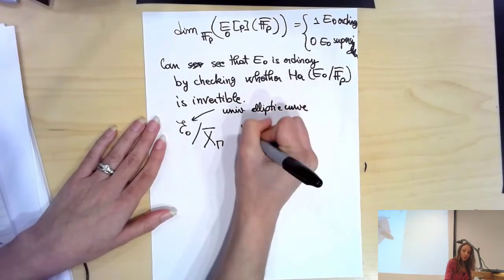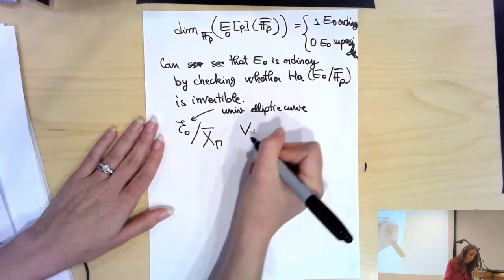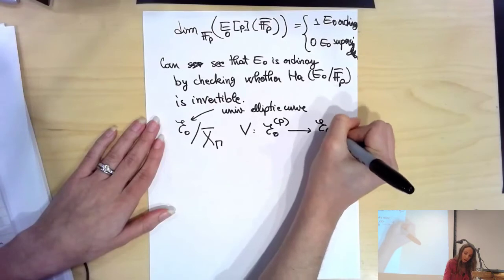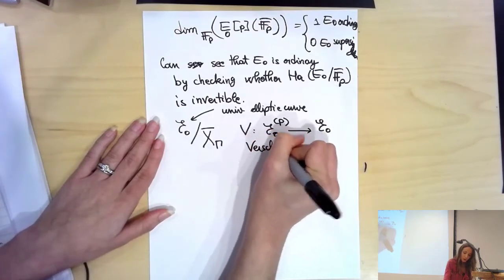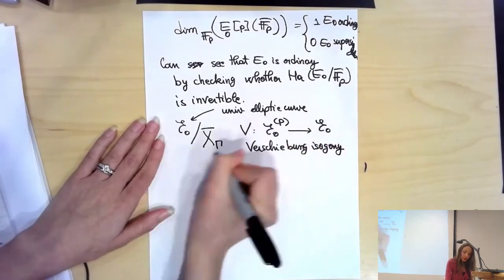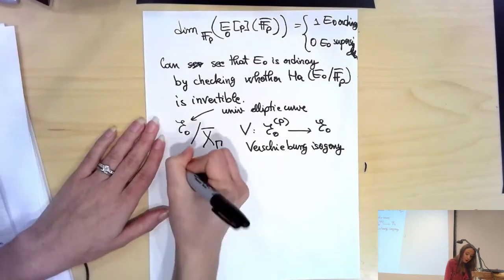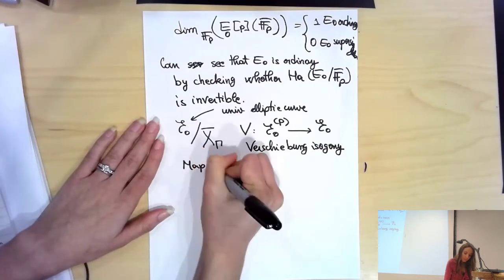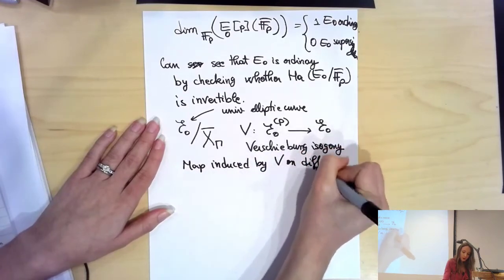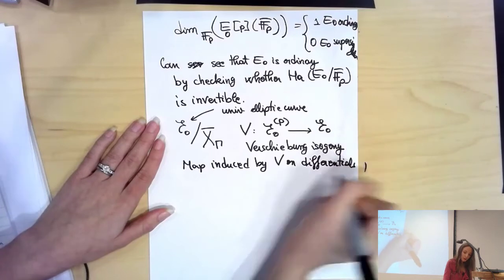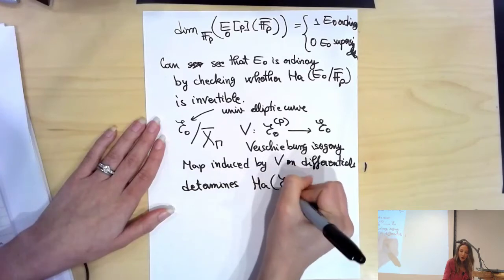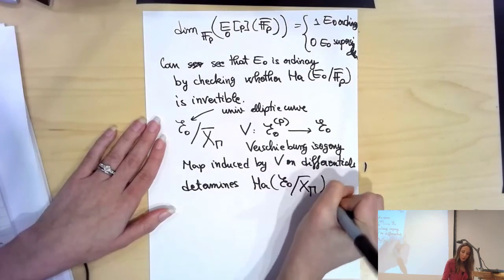And you can look at the Verschiebung isogeny, which is dual to the Frobenius isogeny. If you look at the map induced by V on differentials, this determines the Hasse invariant of E naught over this open modular curve.